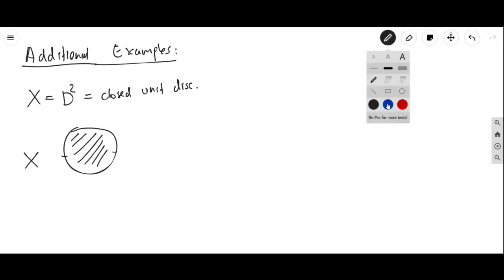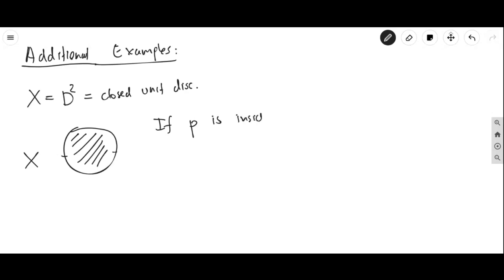And this is what we're going to do. We're going to say that if P is inside the open disk, then the class of P is equal to just itself. So P is only related to itself.